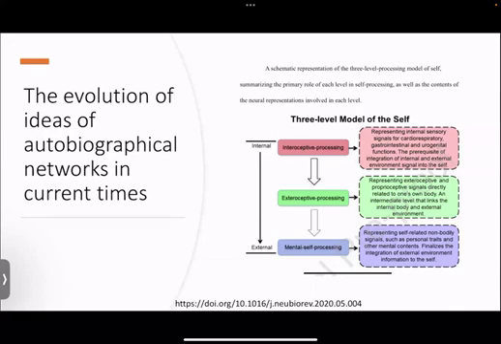It is the prerequisite of integration of internal and external environment signals into the self. Then comes exteroceptive processing, which is representation of exteroceptive and proprioceptive signals directly related to one's own body, the immediate part of the body. And it is the intermediate level that links the internal body and external environment.